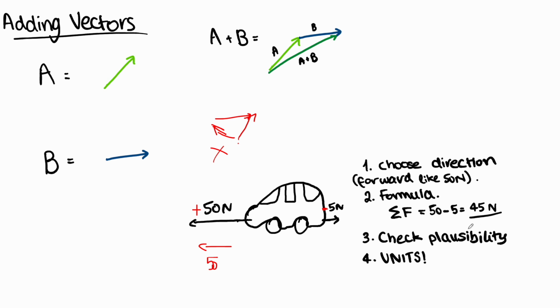So compare to the figures in the question or what you feel would be roughly right. In this case, I would say it feels about right. And then always remember your units, newtons, because you would lose a mark otherwise. But yeah, units.